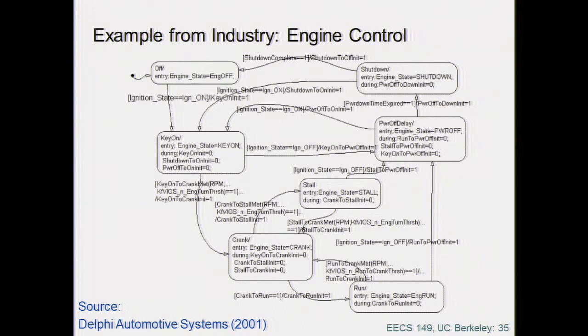This finite state machine gives the control to the spark plugs, the ignition, and it controls the injection, how much gas you inject into the cylinders, and when you hit the spark inside the engine. So this engine control does all of this.